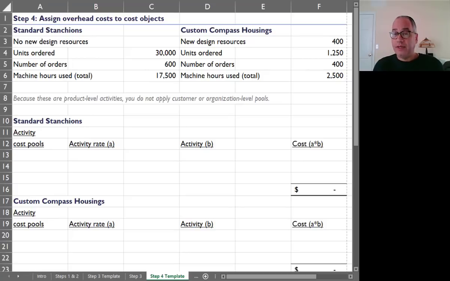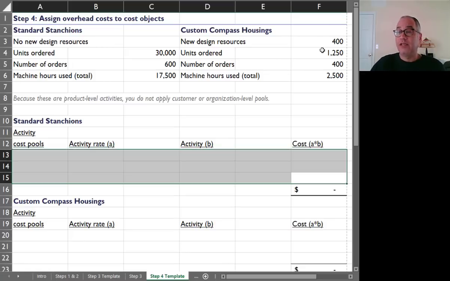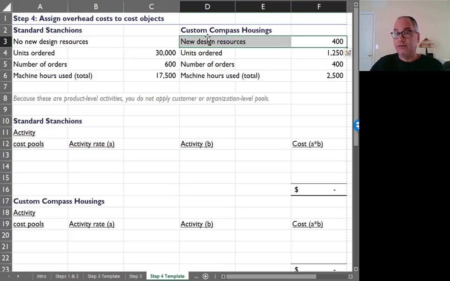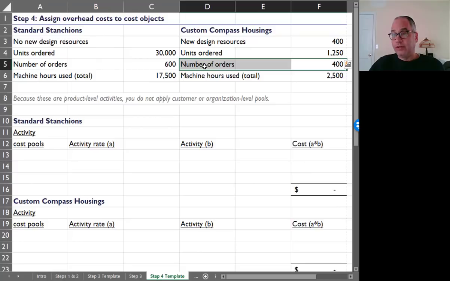Custom compass used design resources of 400. In other words, there were 400 redesigns for custom compass, 1,250 units ordered, and 400 orders. And just to clarify, every order had its own custom design. That's why it's custom compass housings. And 2,500 machine hours went into custom compass housings.